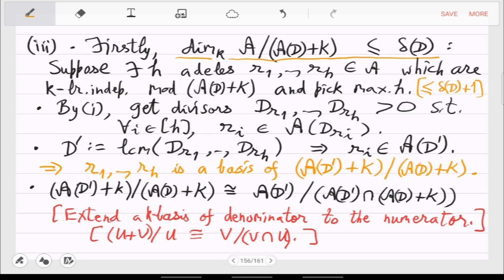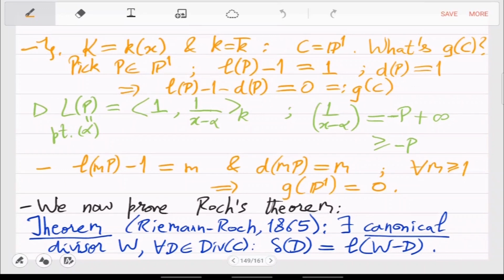But you are correct that, in the end, after I have proved more properties, this will give you far more than just genus. You will actually be able to compute this thing that Riemann-Roch says, the canonical divisor W. For the computation of that, which is basically related to A mod AD plus K, that object you will be able to compute. Yeah, but that's jumping far ahead.